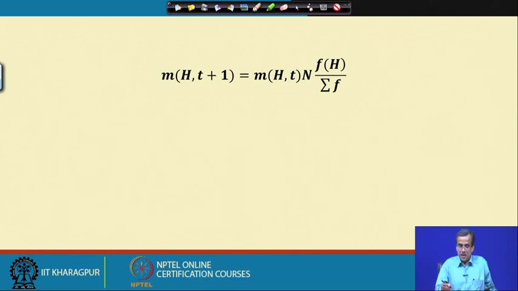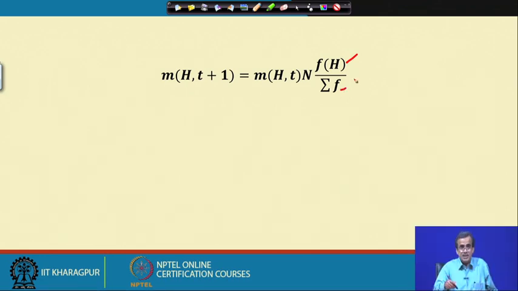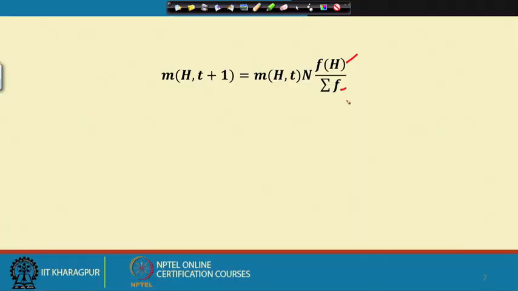As I told, we are using the principle of proportionate selection, where the probability is proportional to the fitness. We have already calculated f(H), that is the schema fitness, and I also know the total fitness, that is summation F. Then what is the probability, according to the proportionate selection, that this particular schema H will be selected in the mating pool?